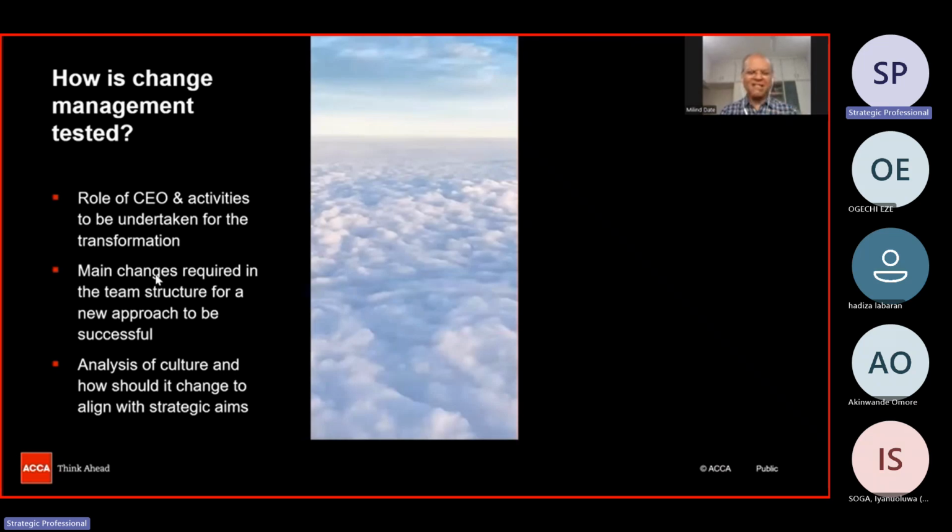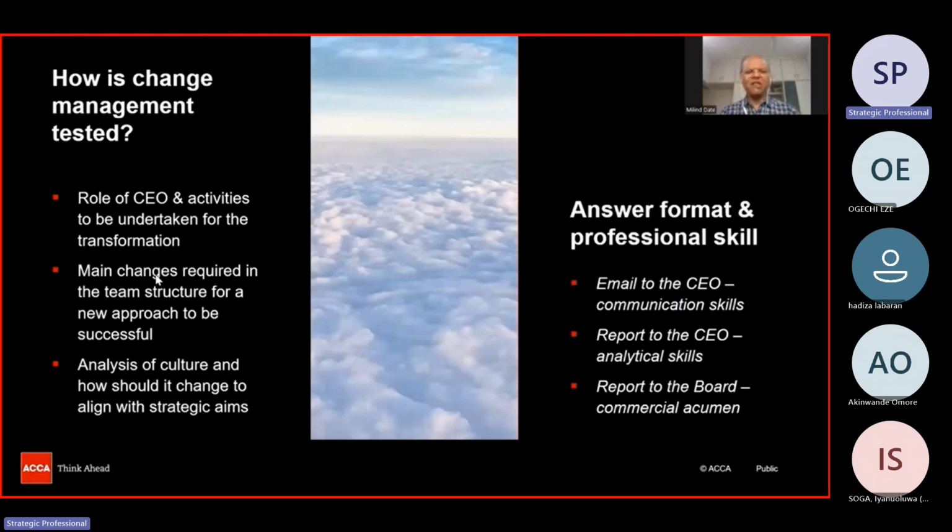For these tasks, there are various answer formats and professional skills that are possibly tested. You may be asked to write an email to the CEO, where your communication skills may be tested, or a report with your analytical skills tested, especially where you have to emphasize the analysis of existing situation, existing culture, contextual features.